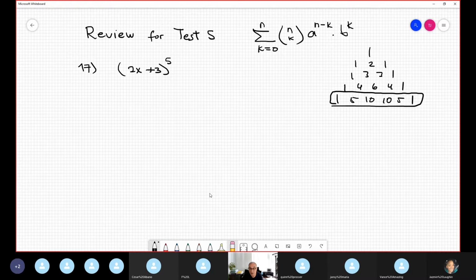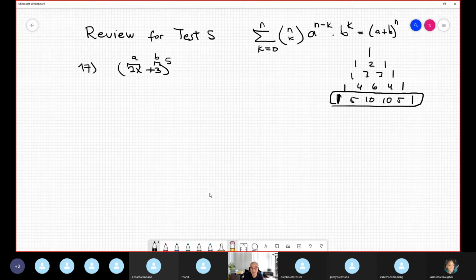The formula contains A and B to the n power. However, in our specific example, A is 2x. This is my A, and this is the B, 3. So when you expand that, the first coefficient is 1, which is invisible.